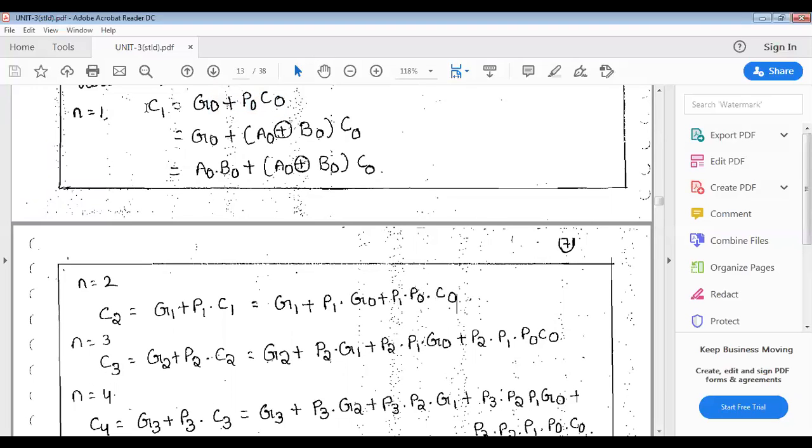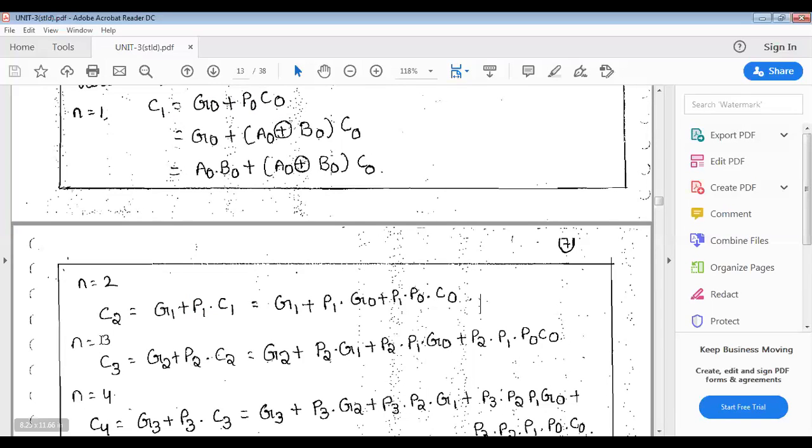Following? Then C2 becomes G1 plus P1 G0 plus P1 P0 into C0.